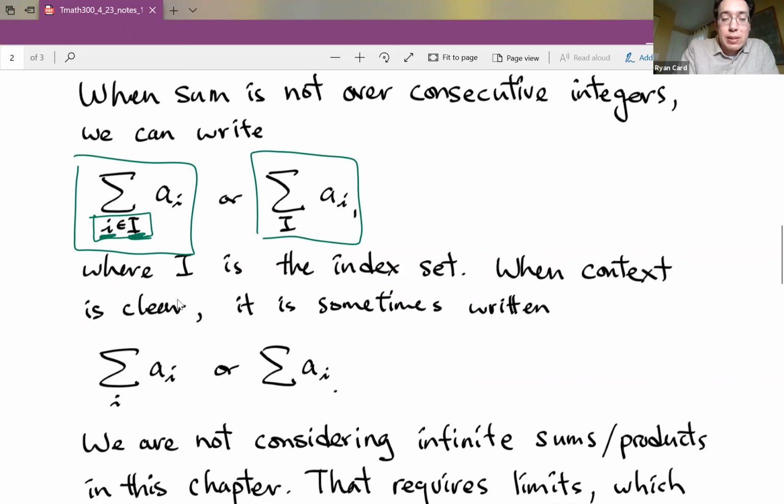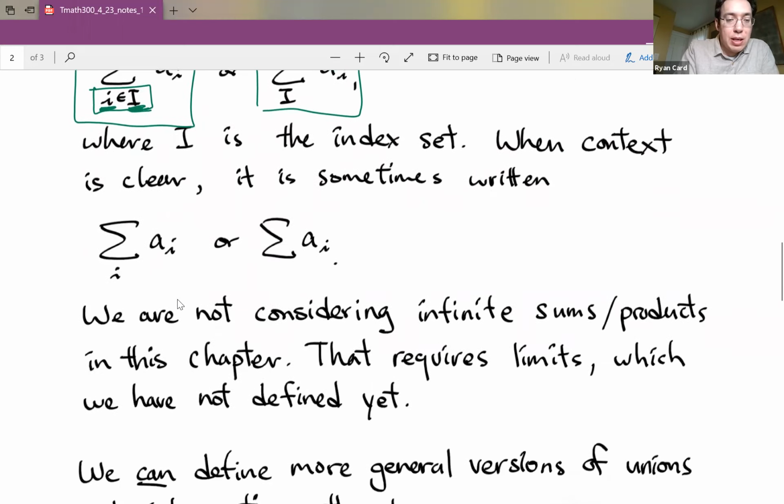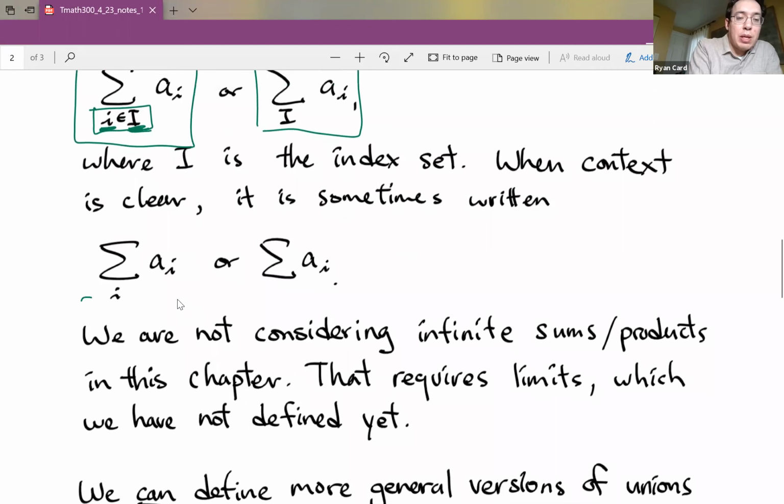When the context is clear about what you're summing over, some authors get a little bit lazy. Sometimes people write summation notation by just writing down the index variable of summation: sum over all of the i's, a_i.